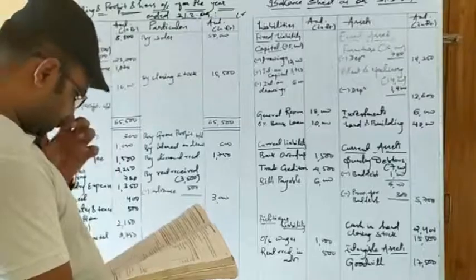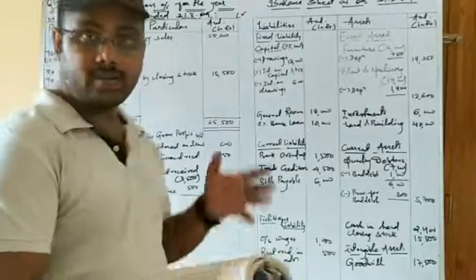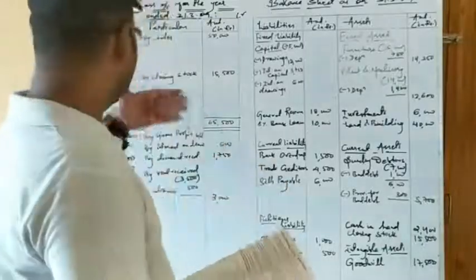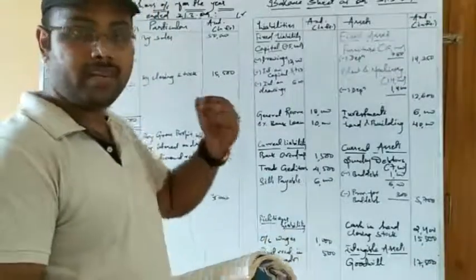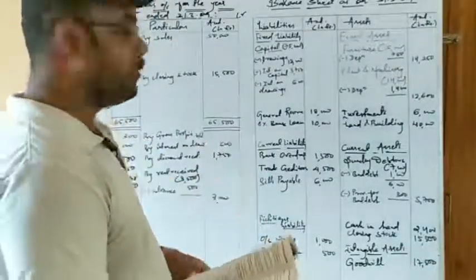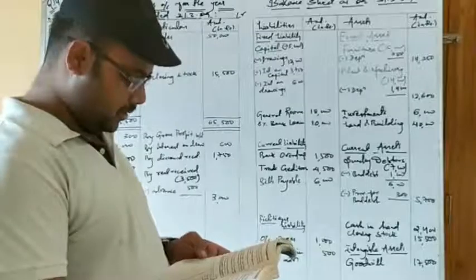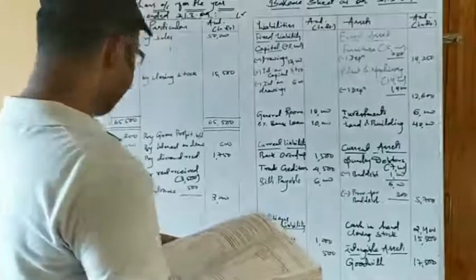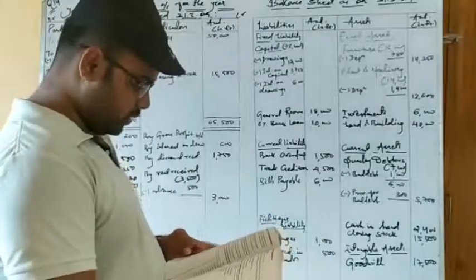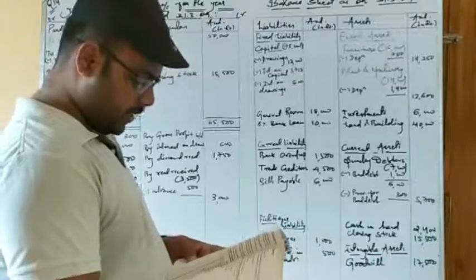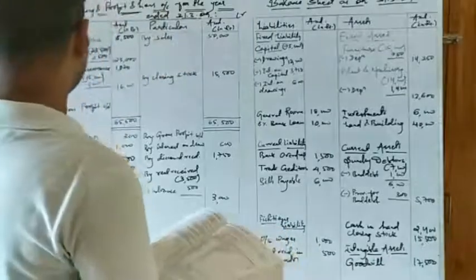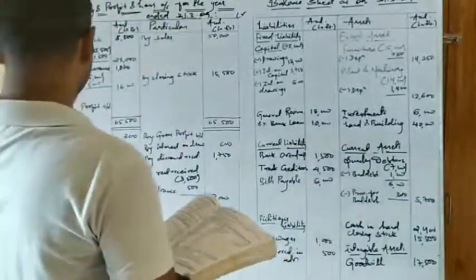And then we have purchases. It is now our duty to check whether we have made it correctly or not. As I told you, if you make any mistake anywhere, you have to pay for it. So the value of purchases that we have here is 25,500, and we have returns of 2,500. So as it goes, it is correct.